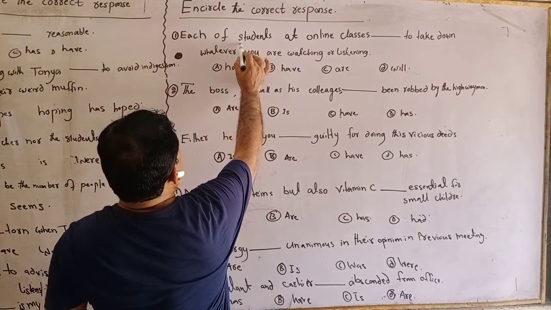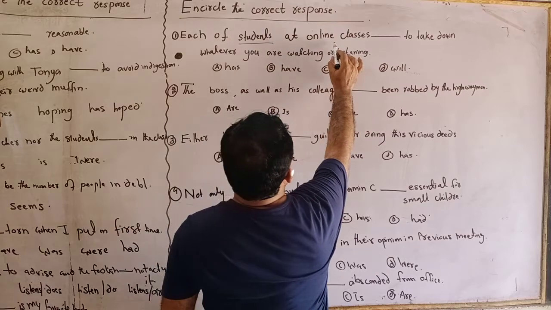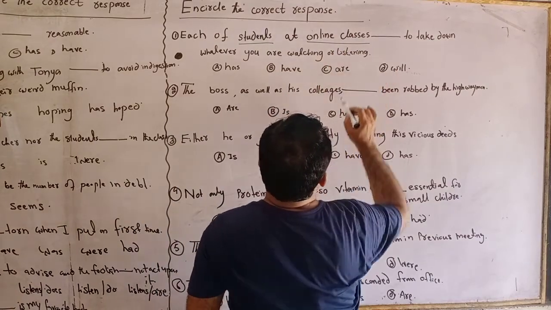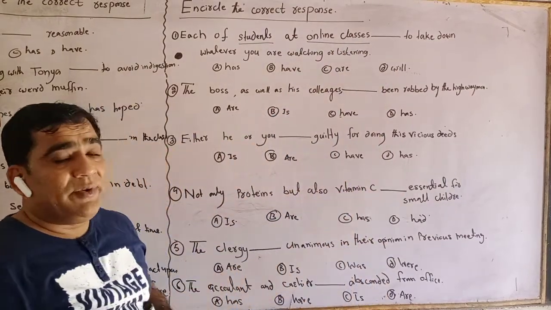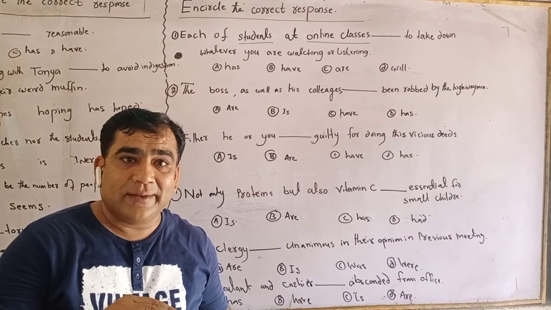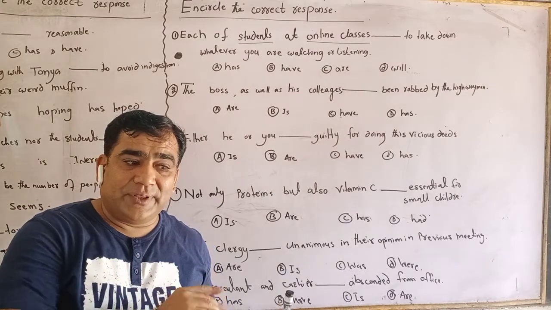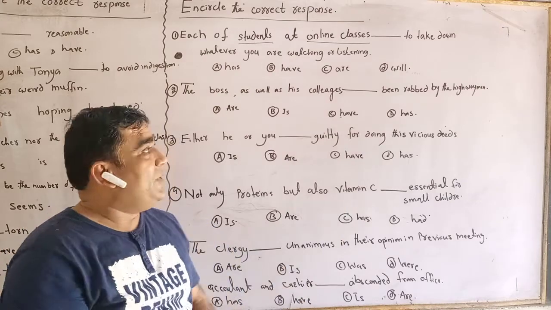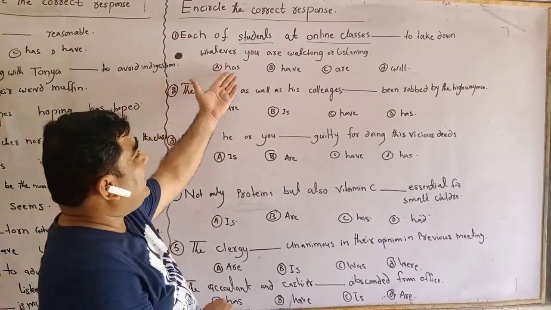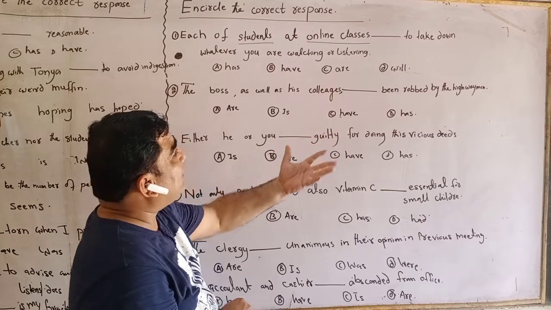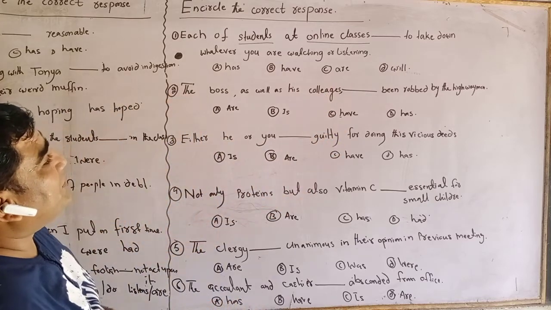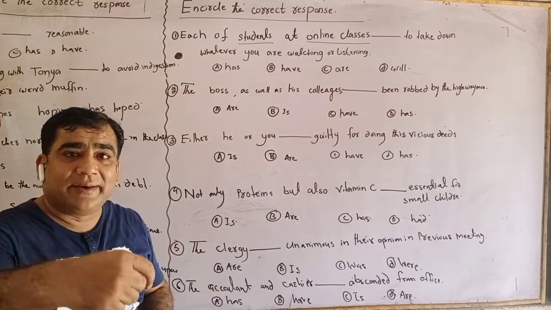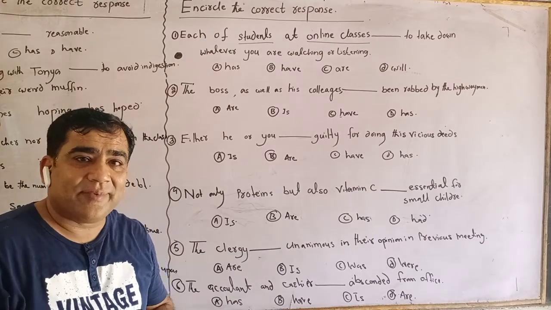Here students are written, here online classes are written, and no doubt we have to agree with such kind of subjects to the verb. We have the options has, have, or will.